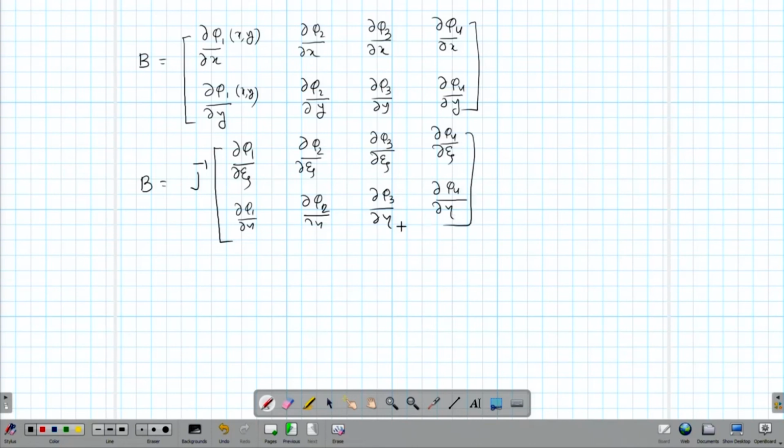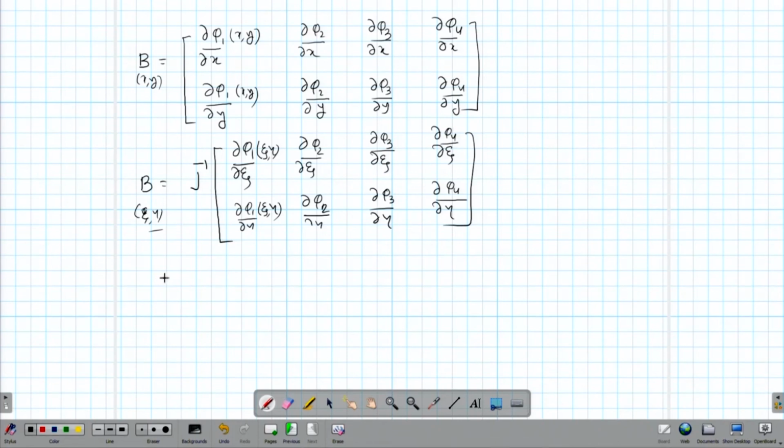But now this phi is expressed as a function of xi and eta. Okay. So, this was written as a function of x and y, and this entire B is now written as a function of xi and eta. Okay. So, we know this is our expression.